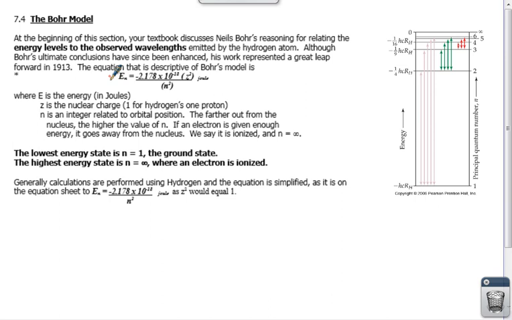Could you, with this equation, calculate a lithium atom electron at the 4th energy level? And then you could calculate it at the 1st energy level. And the difference between the two would be how much energy it gave off. Your textbook spends some time doing that. We don't. Okay?